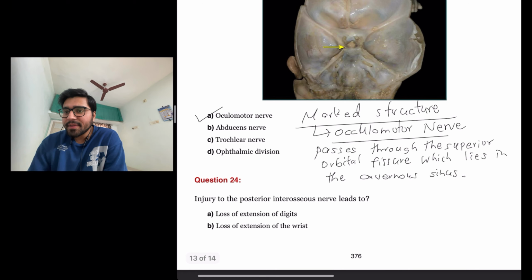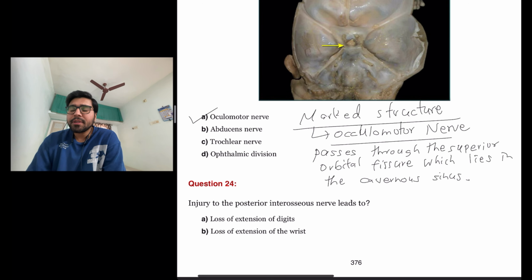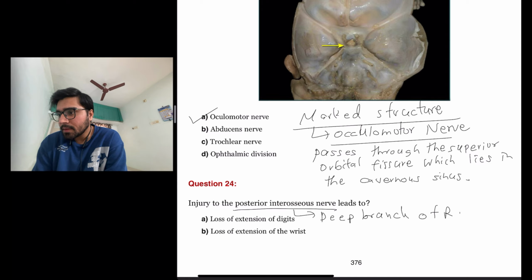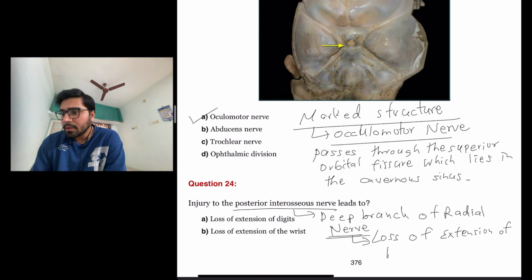The next question is, injury to the posterior interosseous nerve leads to. So the posterior interosseous nerve is the deep branch of radial nerve, and that affected will lead to loss of extension of digits.